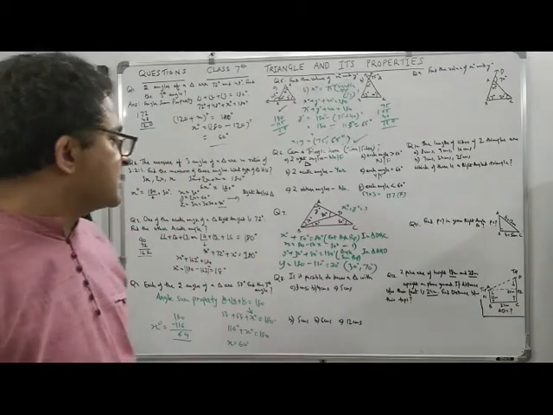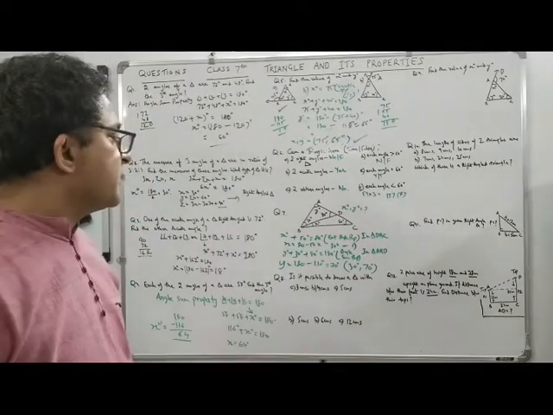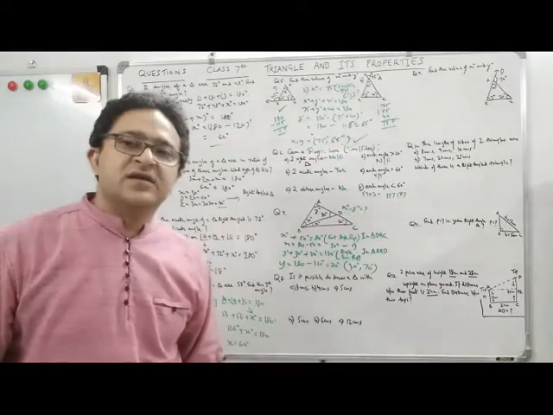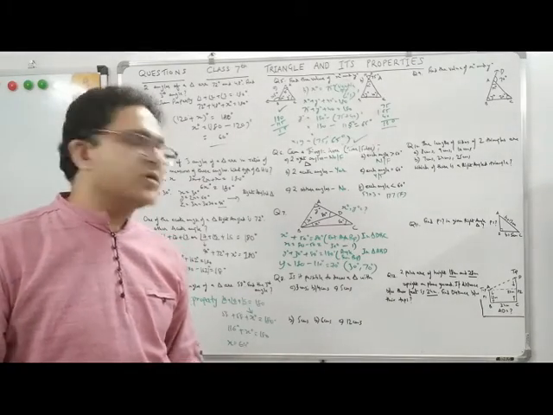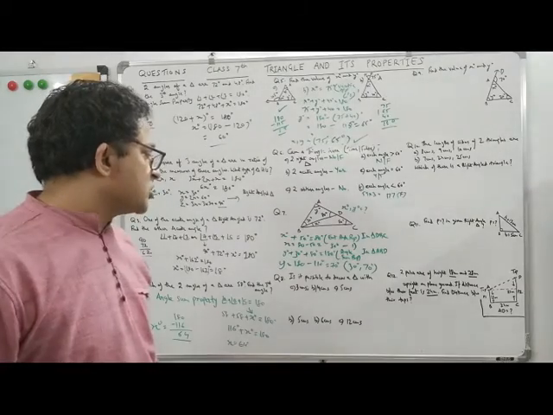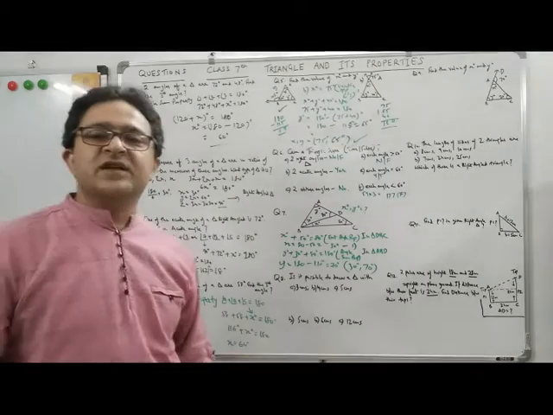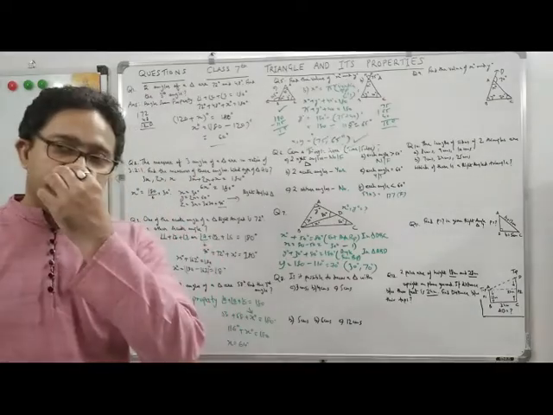If it is less than the third side, then you cannot form a triangle. This is basically the triangle inequality. Tell me if you remember.